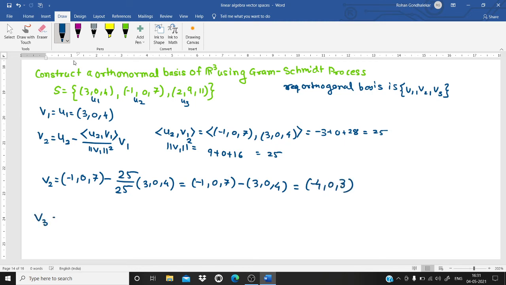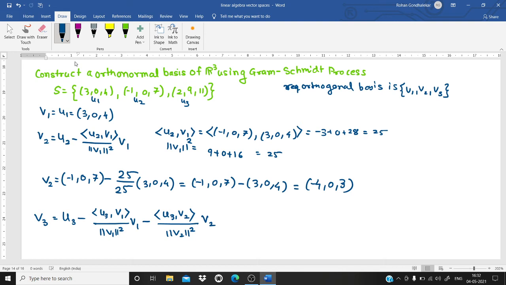Now we are coming to v3. So what is v3? u3 minus the inner product of u3 with v1 upon norm v1 square into v1, minus the inner product of u3 with v2 divided by norm v2 square into v2.